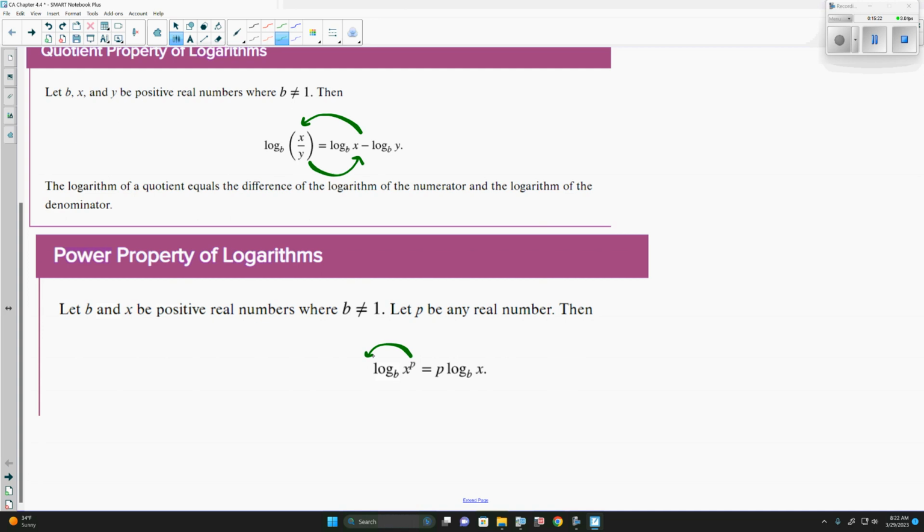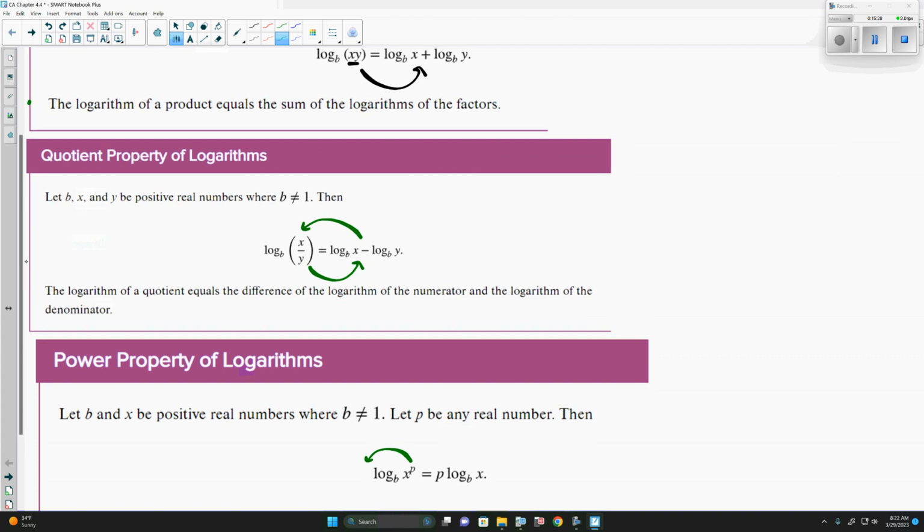Now for expanding, I would go in this order. We would go power, so for expanding we would do, not power, product. Make sure, sorry.